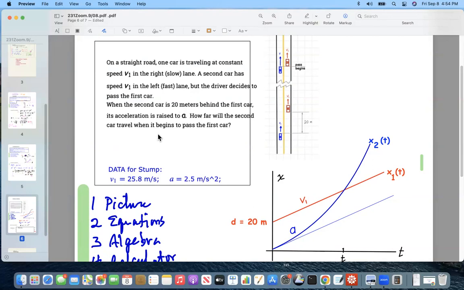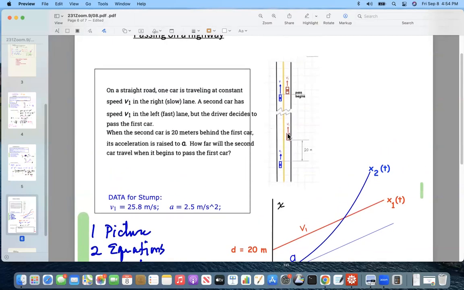And the question is, how far will the second car travel before it passes the first car? Now, of course, cars have some length, so we'll calculate the distance he has to travel before he's just starting to pass the first car. In other words, when his front bumper has reached the same position as the red car's rear bumper, how far has the blue car traveled?